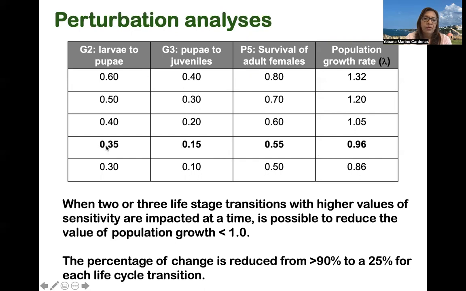For example, we only have to reduce to 35% the survival of larvae, to 50% the survival of pupae, and 55% the survival of adult females. And here in this point, the value of population growth rate starts to decrease.